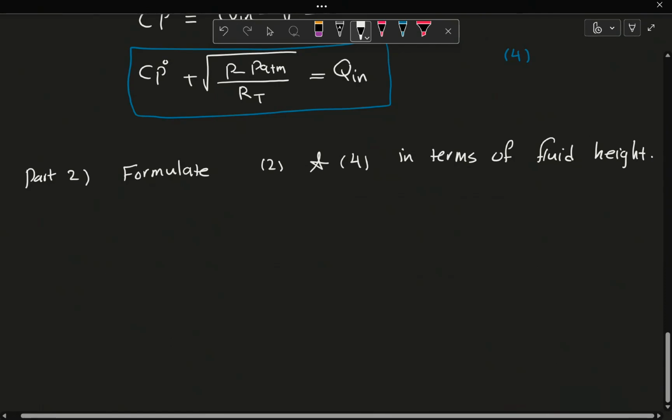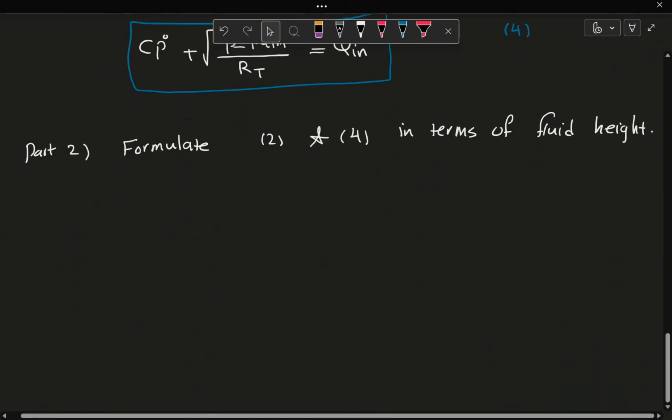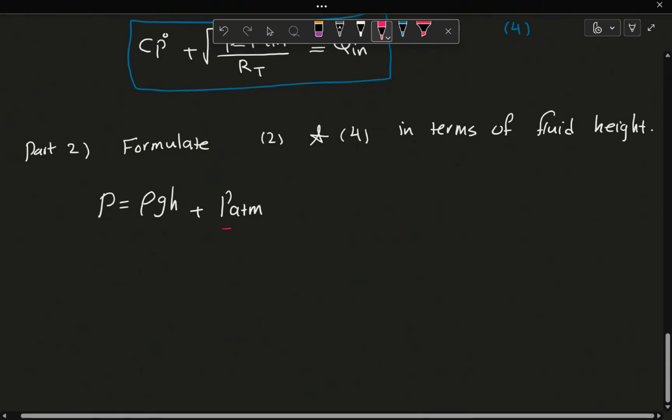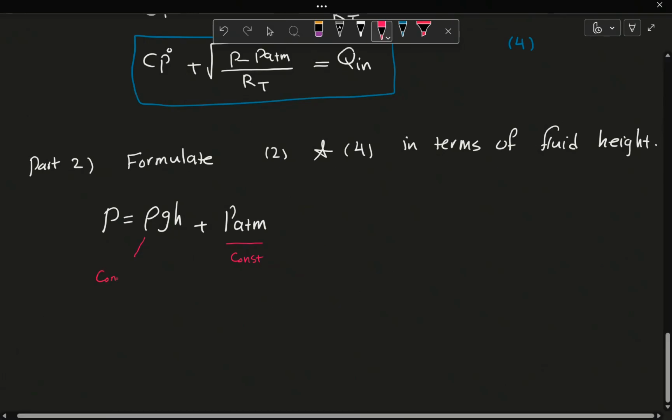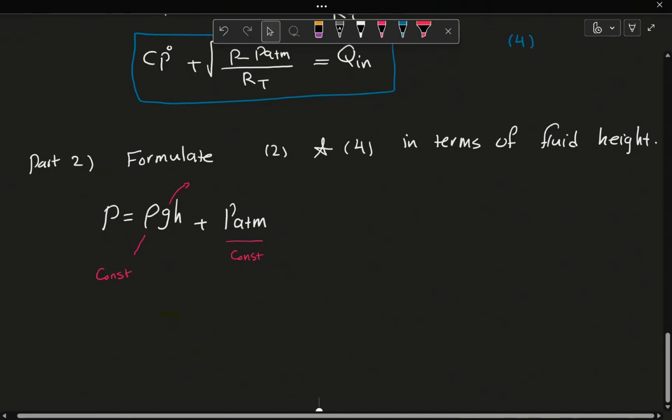So if you remember, for hydrostatic pressure, we had P equals rho G H plus P atmosphere. You notice that in this problem, P atmosphere is a constant number. And for hydrostatic pressure, you can assume that the density is constant, and also the gravitational acceleration is going to be constant in a tank.